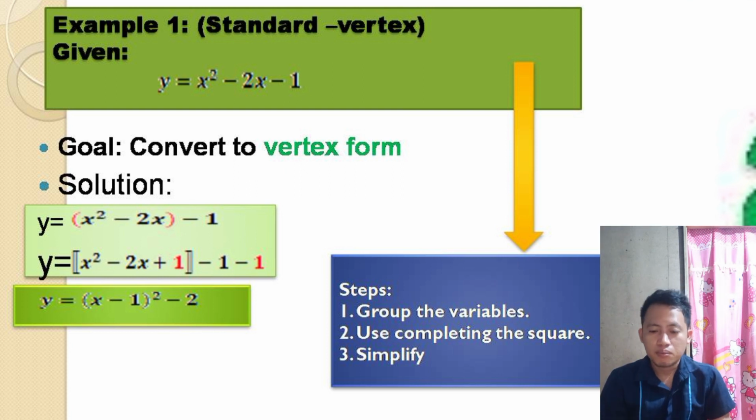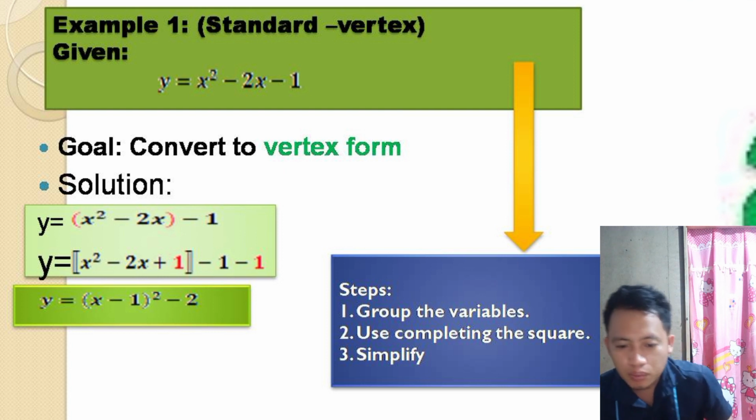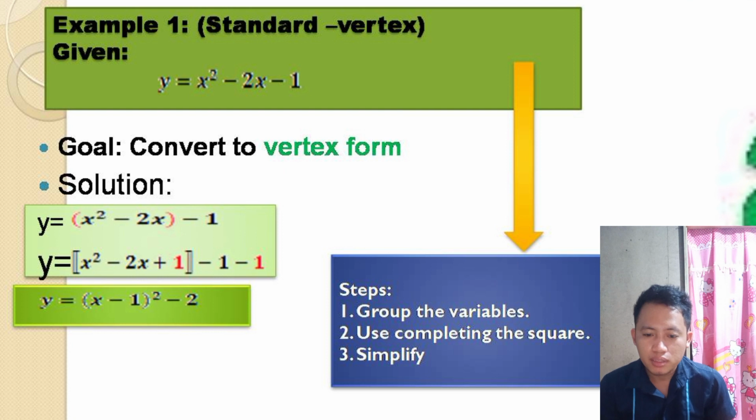Understood? So simplify first the values inside the brackets before the values outside. So magiging y equals the quantity of the first variable or the common variable. We have x. Write x, then copy the operation minus, then what is the square root of 1? We have 1.